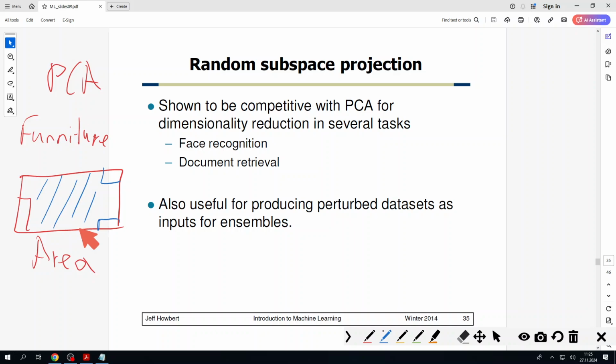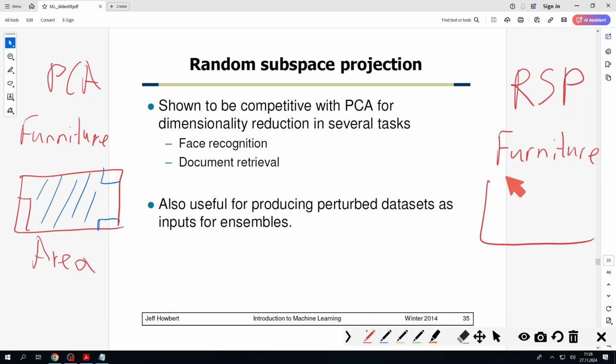It actually optimizes the problem, whereas random subspace projection, let's call it RSP for short, would solve the same problem differently. What it will do is take and throw it randomly. One is here, one is here, one is here, and see if it suits your needs. If not, it will try another option.